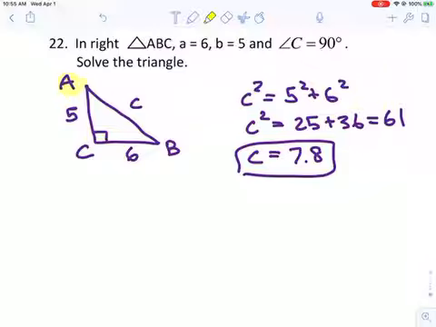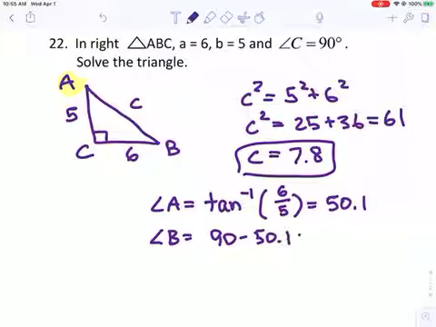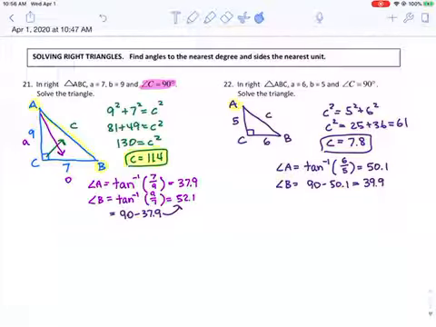And then to find angle A, opposite over adjacent. And to find angle B, very easily you can just subtract from 90. And that's how you solve a right triangle.